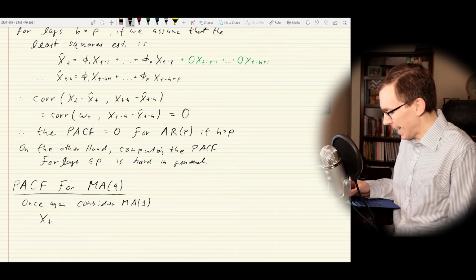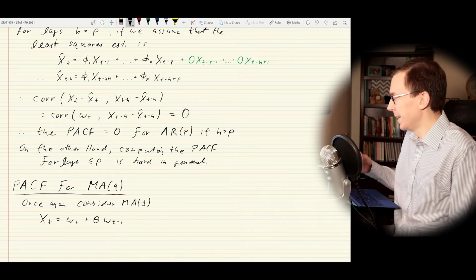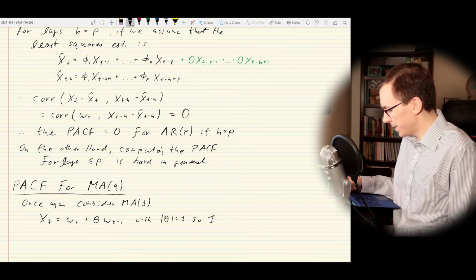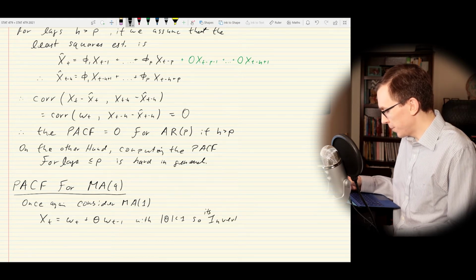And this is going to look like xt equals wt plus theta wt minus 1, and again, with theta less than 1, so it's invertible.